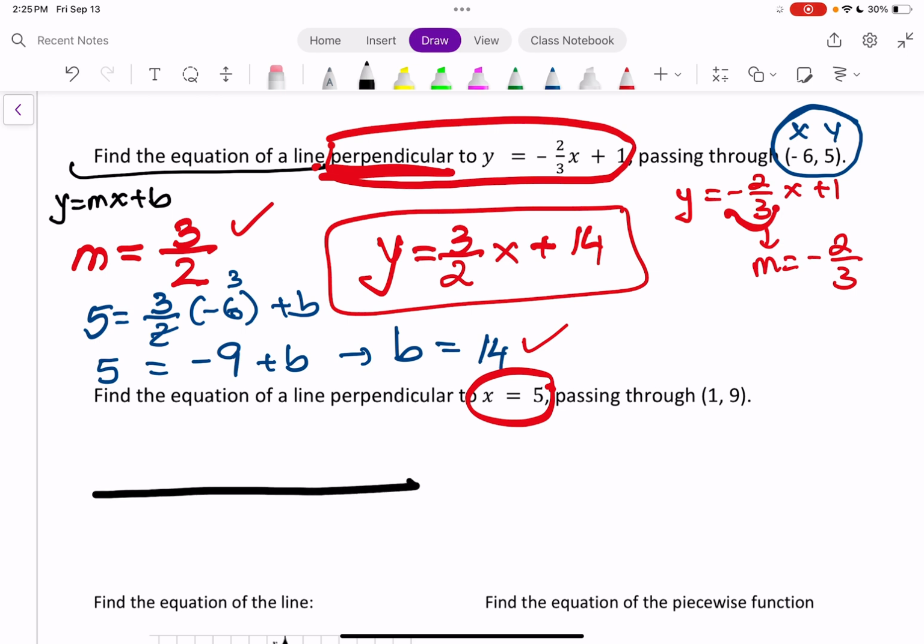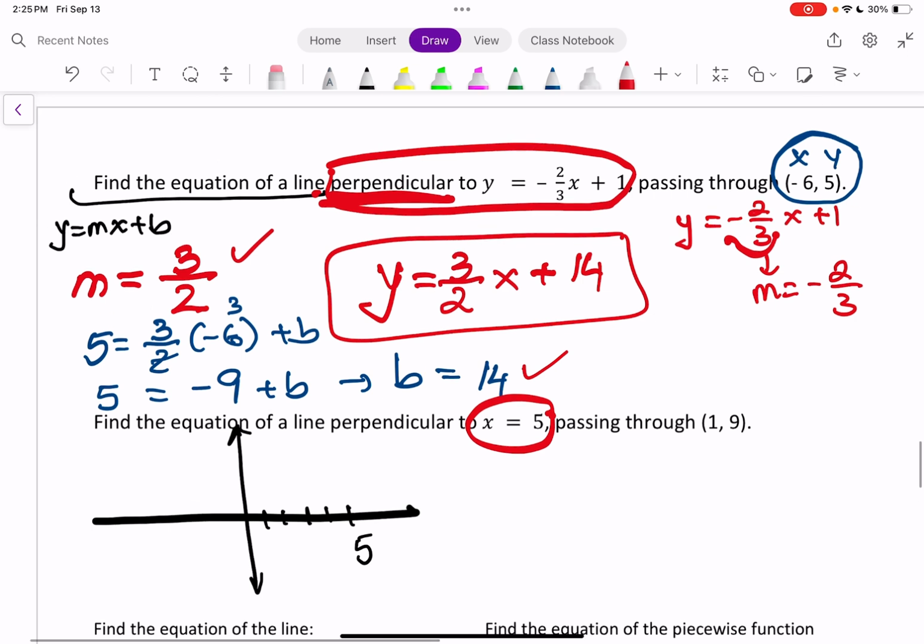What kind of a line has equation x equals 5? Well, x equals 5 has to be a vertical line. We talked about these. Okay. So what kind of a line is perpendicular to a vertical line? It has to be a horizontal line.